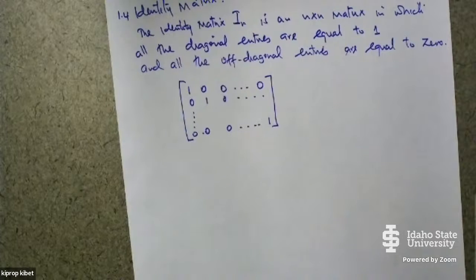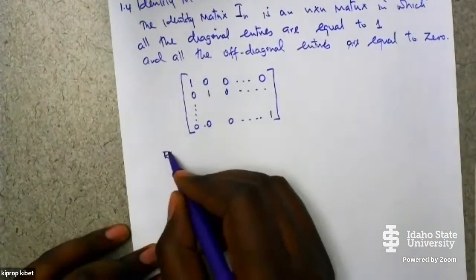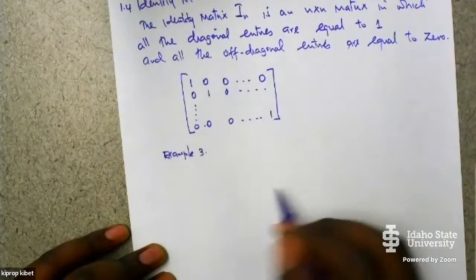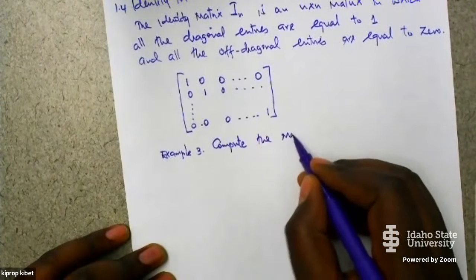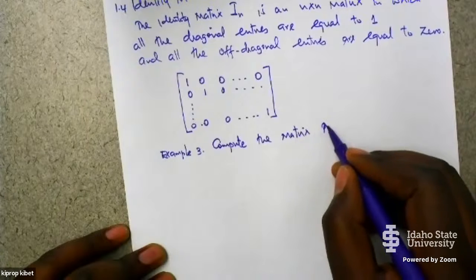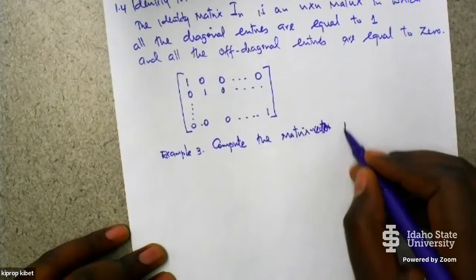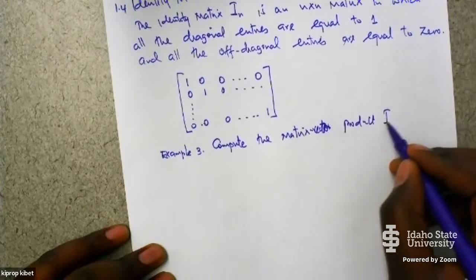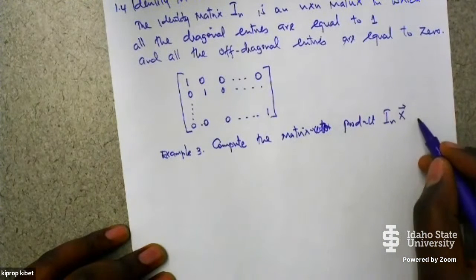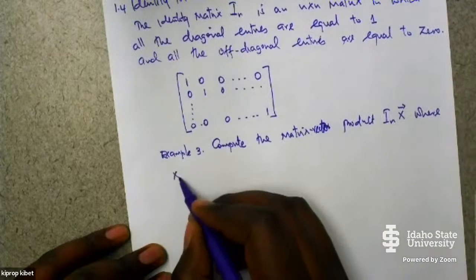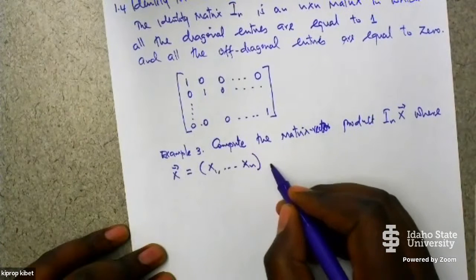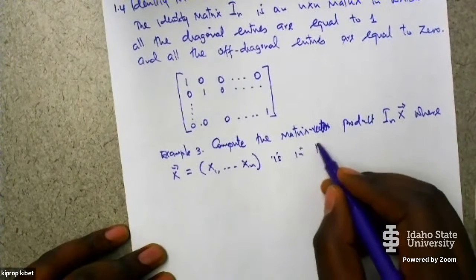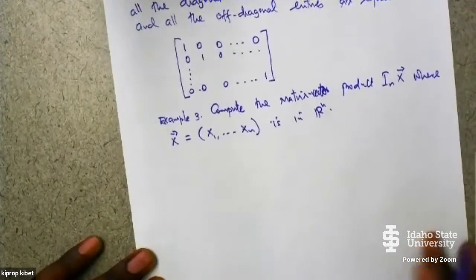Now, you can take this as example number 3: compute the matrix-vector product IN x, where x equals x1 up to xn is in R^n.